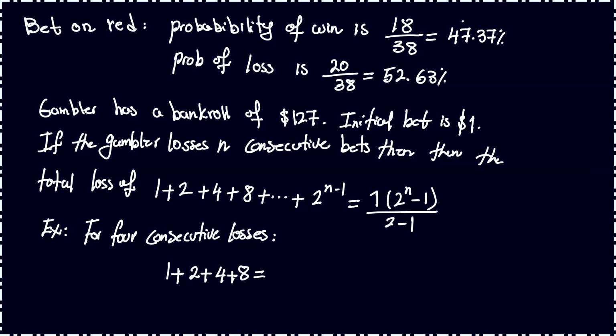So if you were to add these up, you're going to end up with 15, which according to this formula, I can actually write as 2 to the power of n minus 1, because the bottom is just 1.